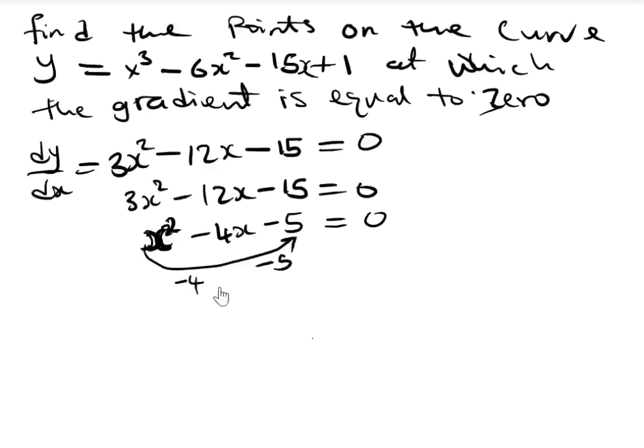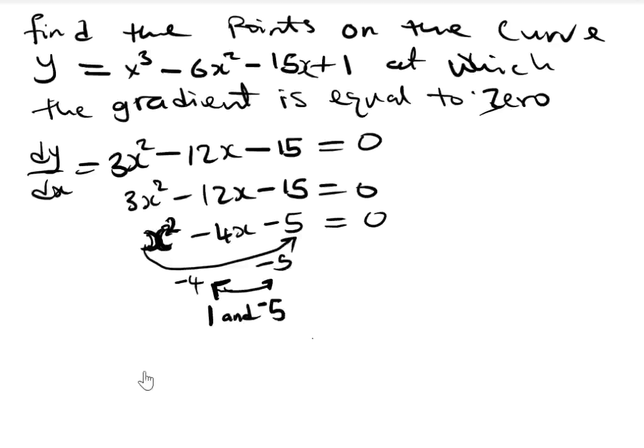Therefore, we have to look for two numbers which, when we multiply together, give us minus 5, and if we add them together, give minus 4. And the numbers are 1 and minus 5. 1 multiplied by minus 5 will be minus 5, and 1 plus minus 5 will be minus 4.